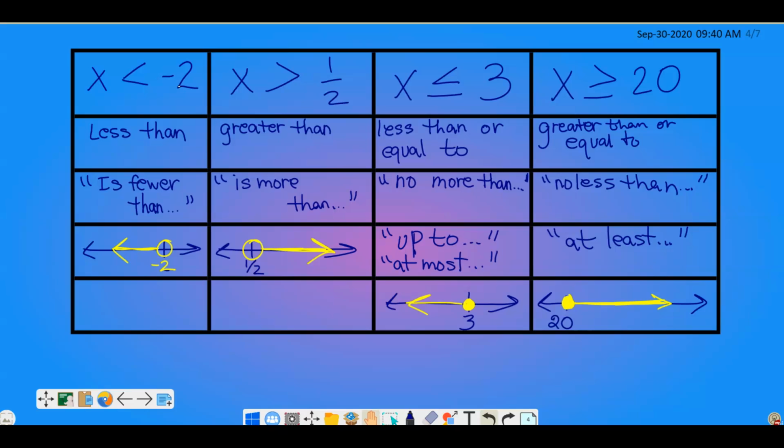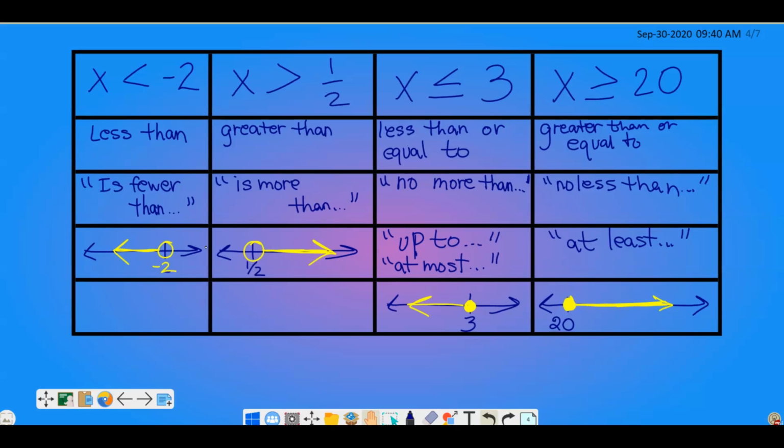And sure enough, in the next box down, here's our graph. This is my expectation when you draw your number line graphs. You don't have to be fancy about it. You just have to draw a line like you see here. You have to draw your number, in this case -2, with an open circle or a closed circle.